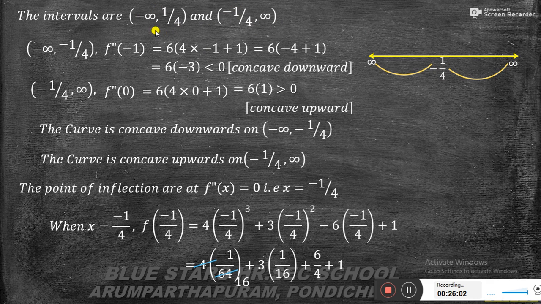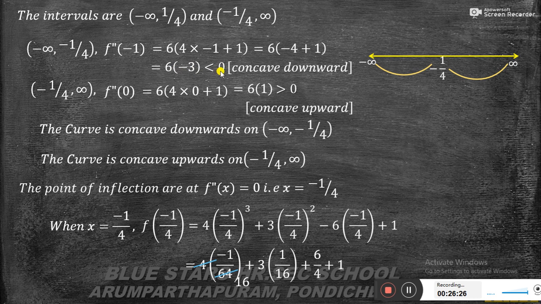So now I take any number from this interval, minus infinity comma minus 1 by 4. So f double dash of minus 1 equals 6 into 4 into minus 1 plus 1, that means 6 into minus 4 plus 1, minus 3, so minus 18.